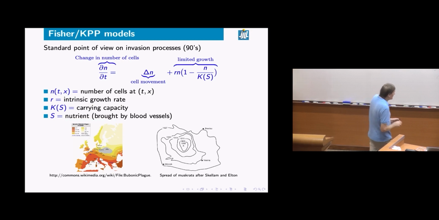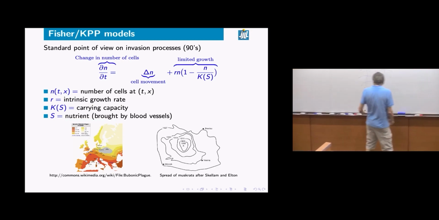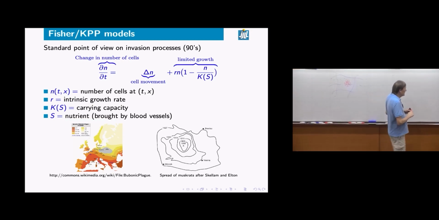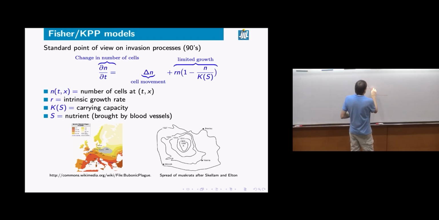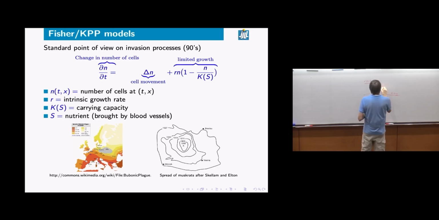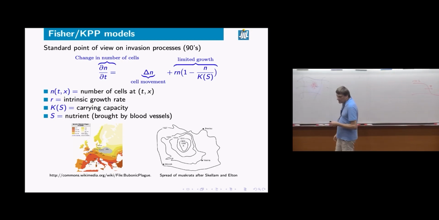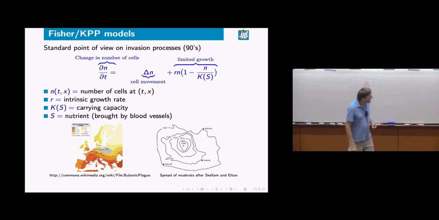So the Fisher KPP will give you a solution where the number of cells n is nearly 0 here, n is nearly 1 here, and this front propagates with a certain speed, let me call it sigma, and this speed is constant.